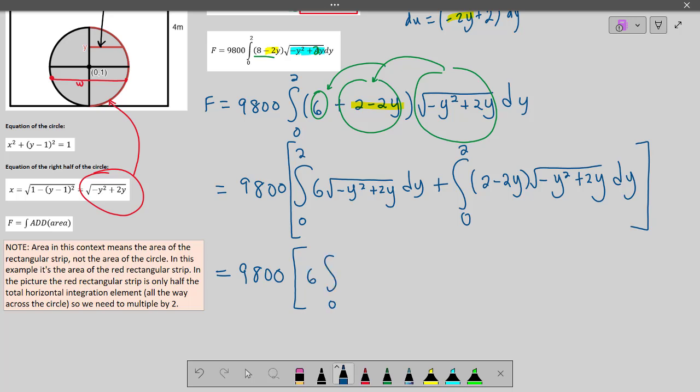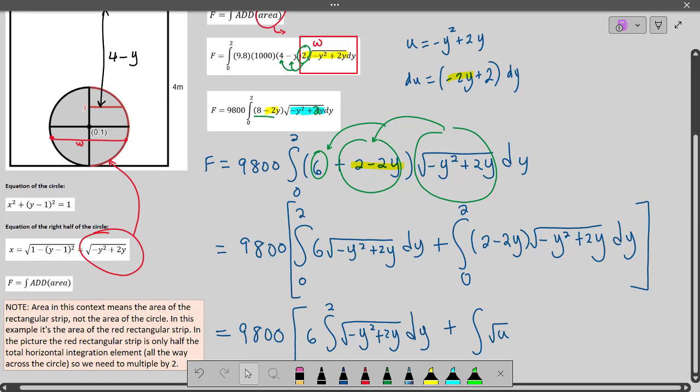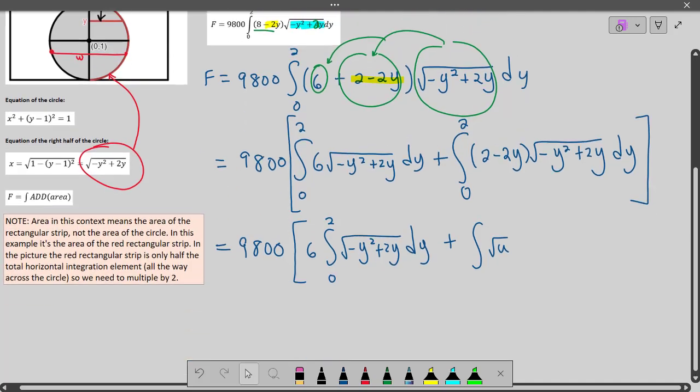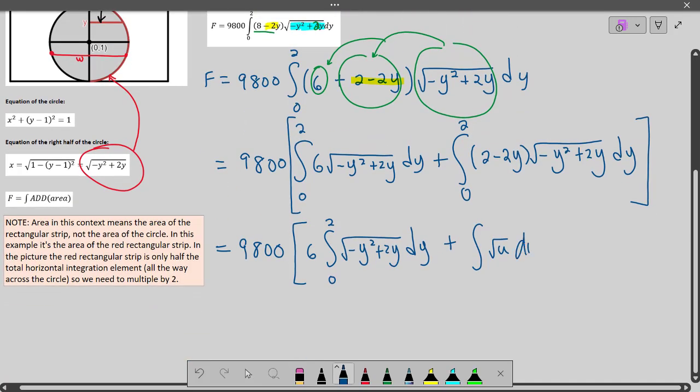We'll pretend that's like a big dramatic step. Over here, this is the one that's going to become super interesting. So we get square root of u, and then 2 minus 2y times dy is du. So there's the second integral.